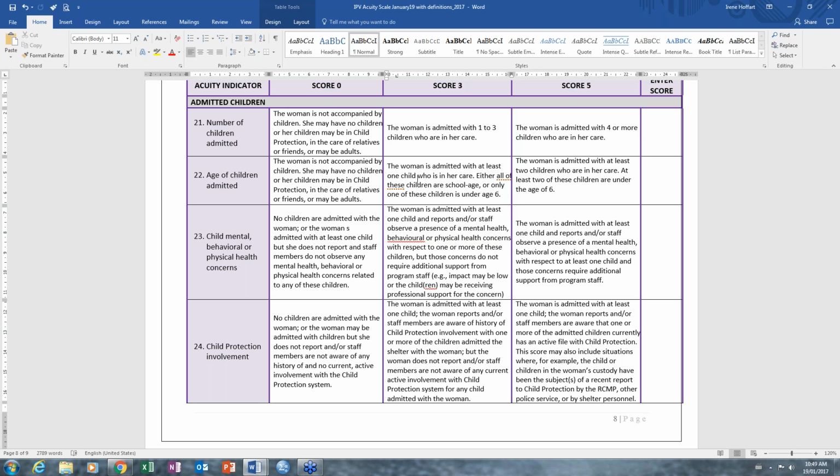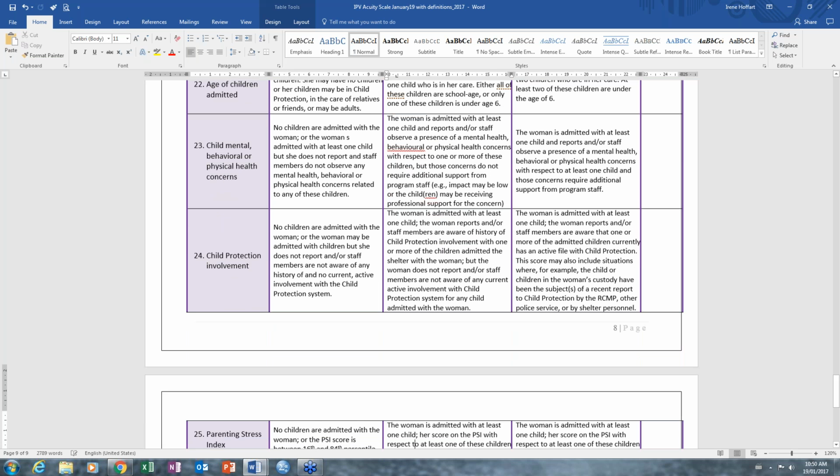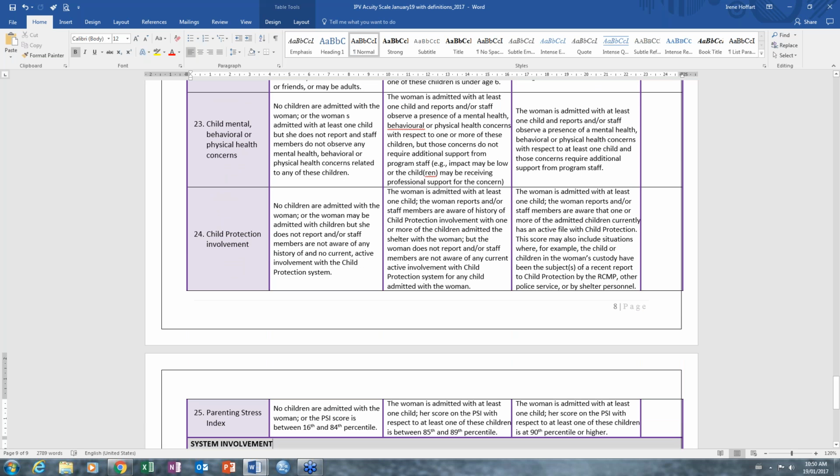And then this last one goes over to the other page, so I have to scroll down. Okay, so parenting stress index. This has been a relatively recent tool that we've had agreement from the shelter directors that they will be using, so we are hoping that is the case at all shelters.